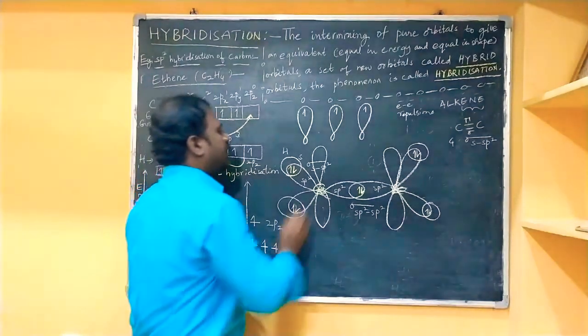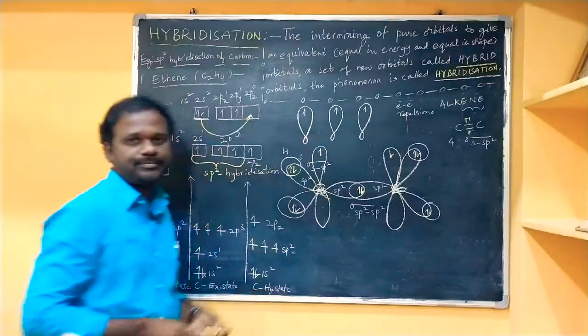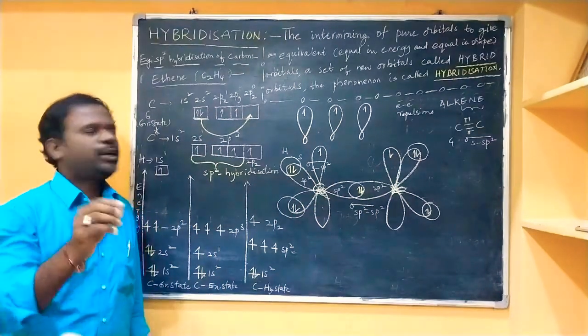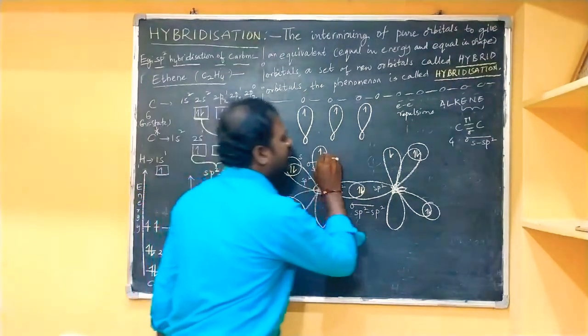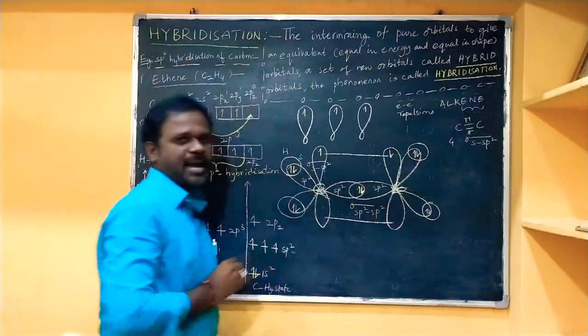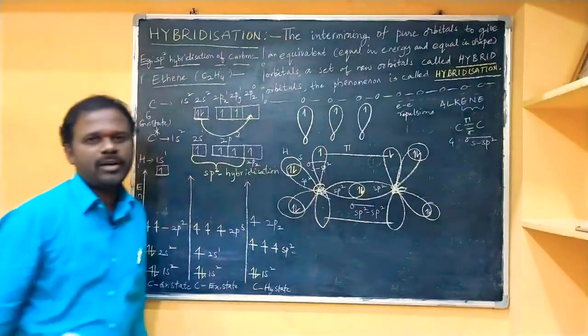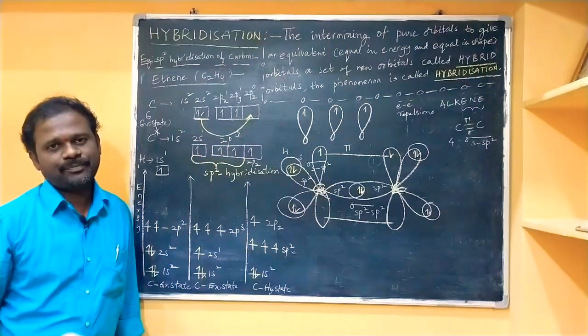Each contains one electron, and they overlap side to side, forming a pi bond.